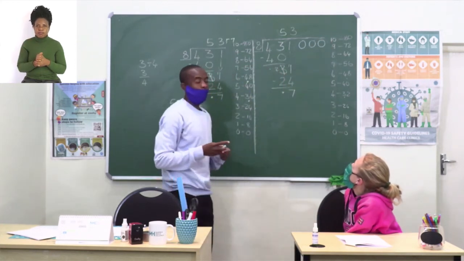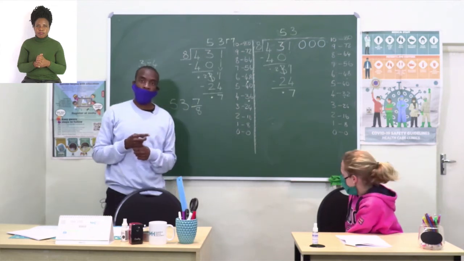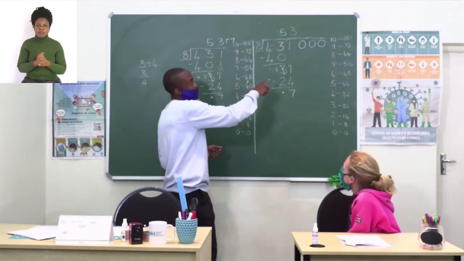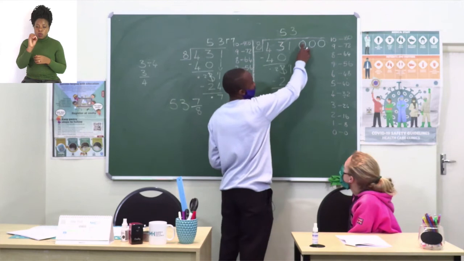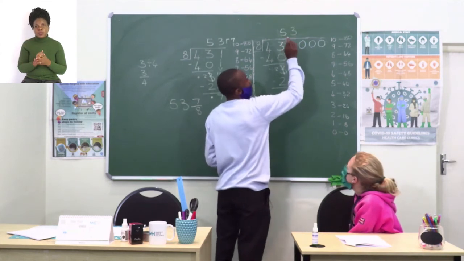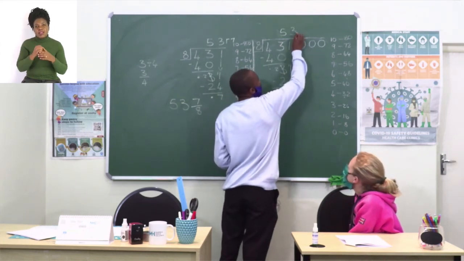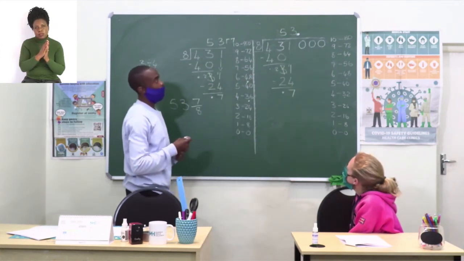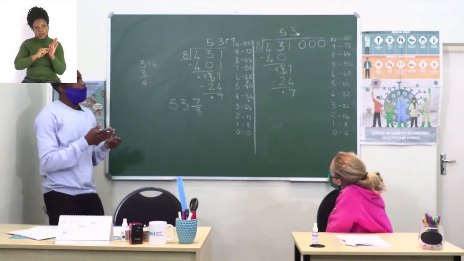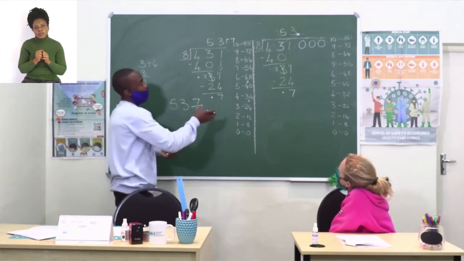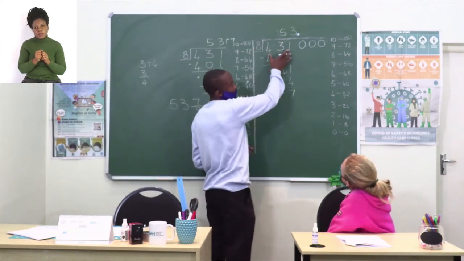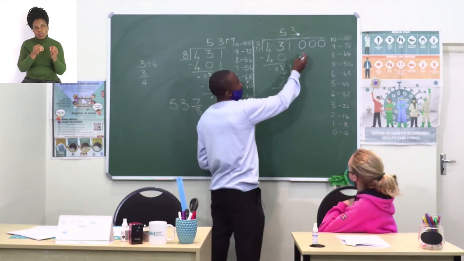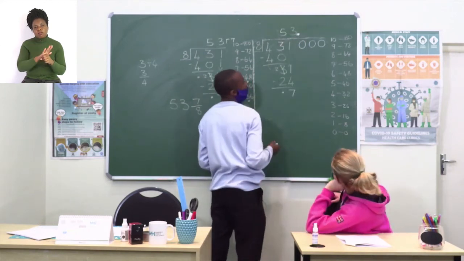Now, also very important to mention is this. Once you created a placeholder like this one, you make sure you put a decimal point here. Very important. All right? So the moment you are done dividing these whole numbers, you make sure that you put a decimal point.